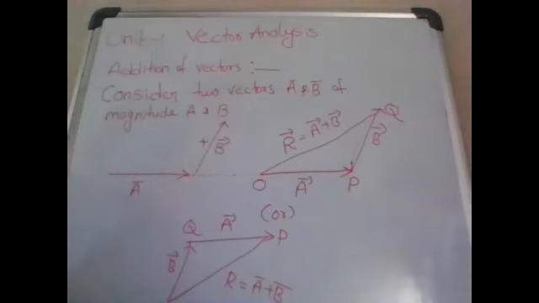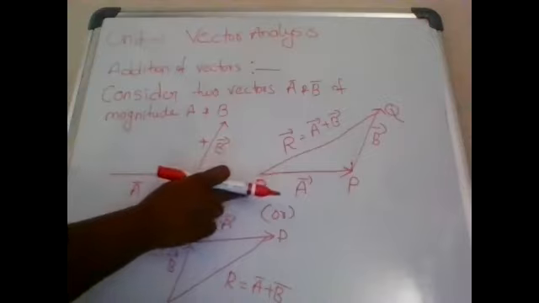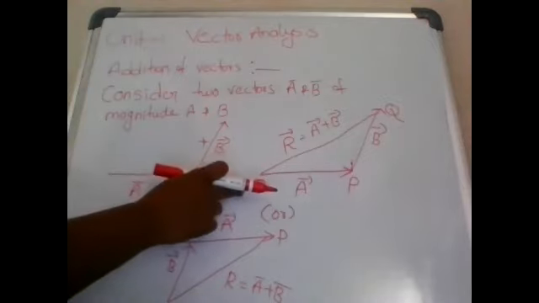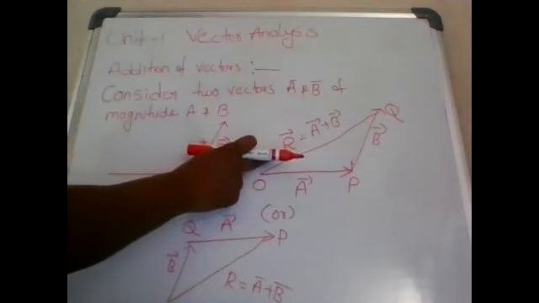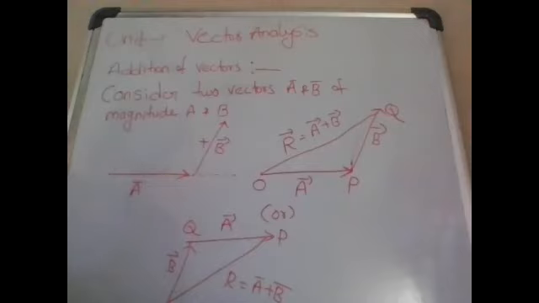The PQ line represents the B vector of magnitude B. After that, join the line OQ. This gives the resultant vector capital R equal to A bar plus B bar.